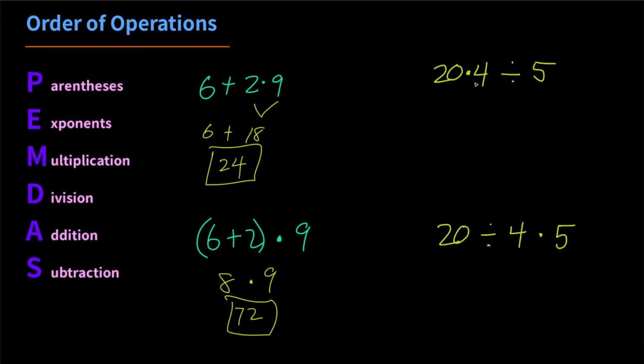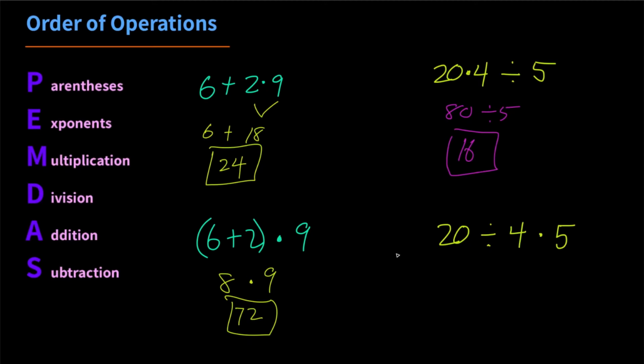We have 20 times 4, so we're going to do the multiplication first. 20 times 4 is 80, and then we have divided by 5. Since this is the last operation, we can just do 80 divided by 5. That's going to be 16. Next, we have the same numbers, the same operations, but we notice that the operations are done in different orders.